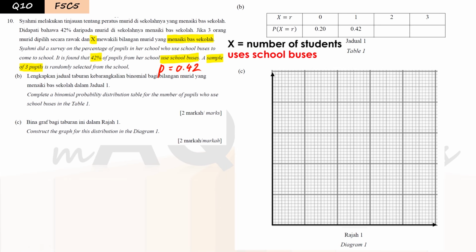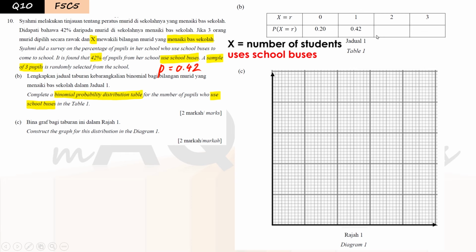So for part B and part C, we are going to answer the questions where the students use the school buses. For part B, we need to complete a binomial probability distribution table where the pupils use the school buses, which is in this table.